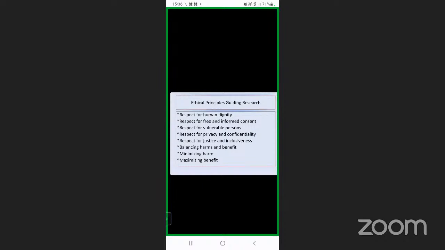We call them volunteers. That volunteer must be free, and he must be informed regarding whatever study is going to be conducted on that person.